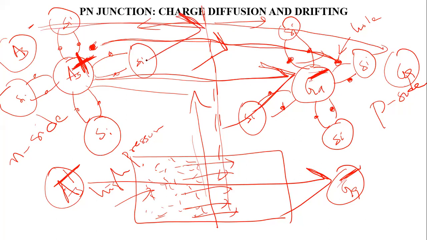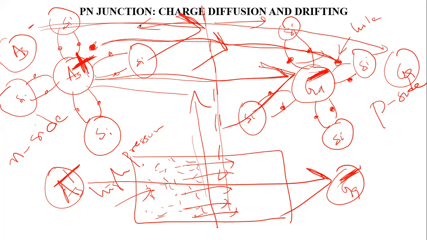If the electron is traveling in this direction, the built-in electric field, as a result of these negative ions on the p side, will repel electrically. They will give a repulsive force to this incoming diffusion electron.